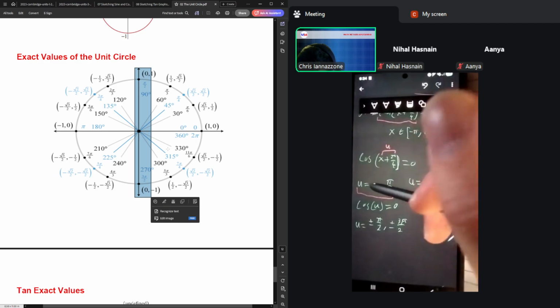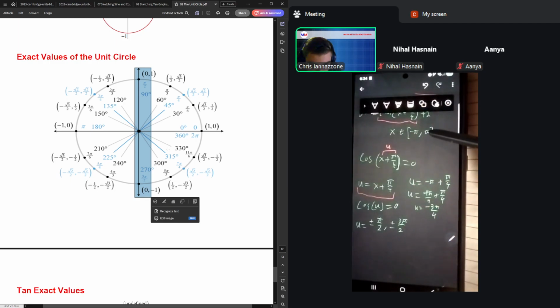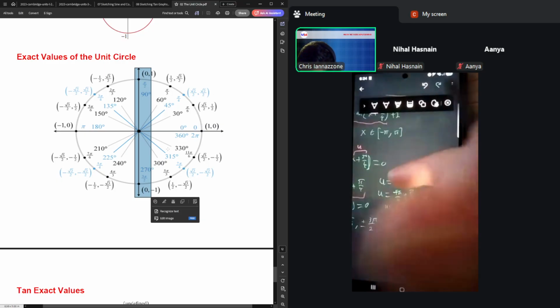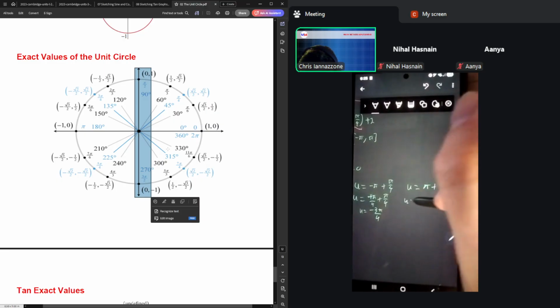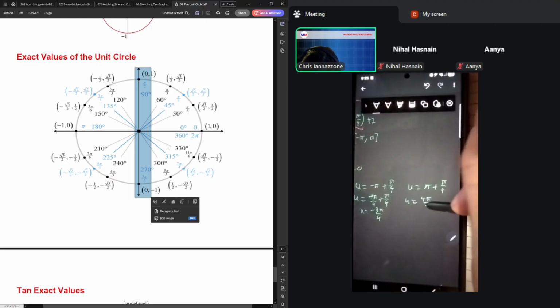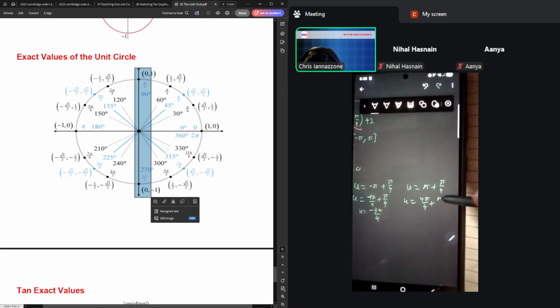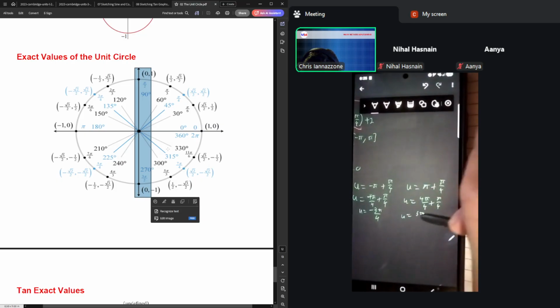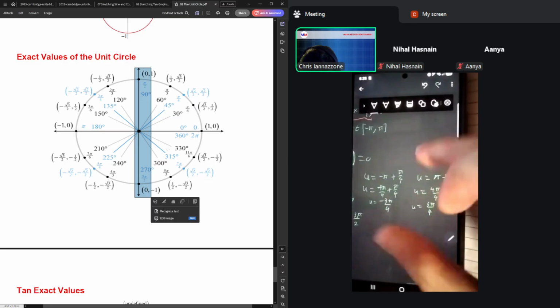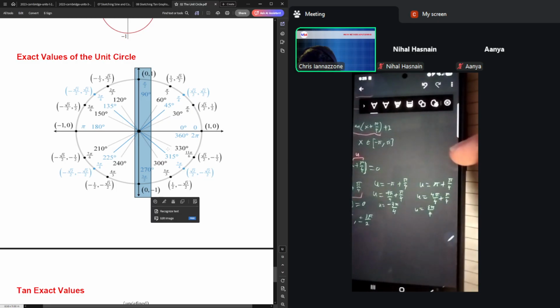So again, it's going to be x plus pi over 4, where in this case x is going to be the pi. That's our upper bound. Pi plus pi over 4. U equals 4 pi on 4 plus pi on 4. U equals 5 pi on 4. That's what the new domain ends up looking like.